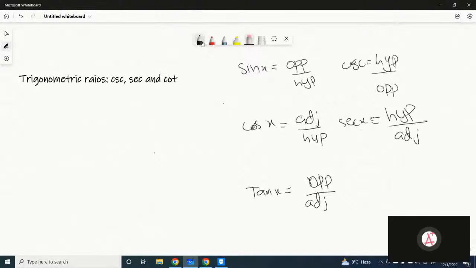So cot x would be the adjacent divided by the opposite. Got it? Okay, let's start with the examples.